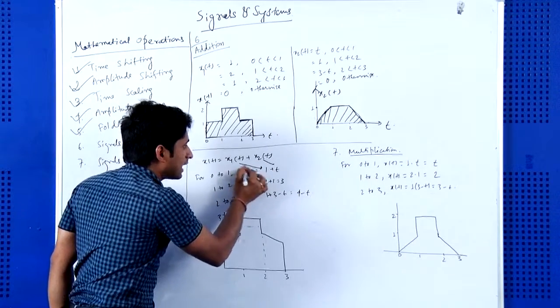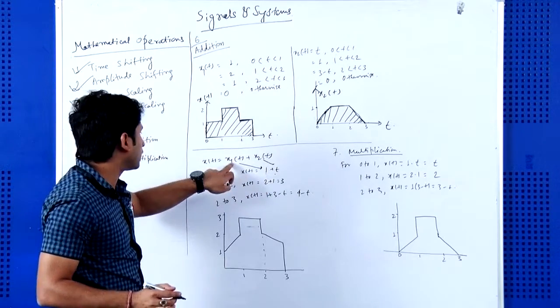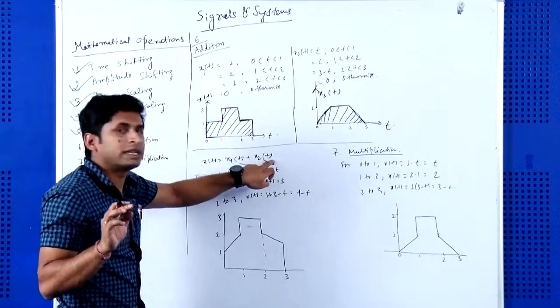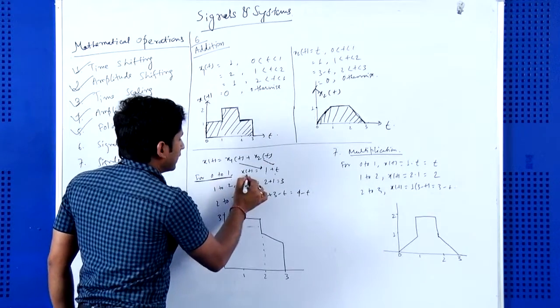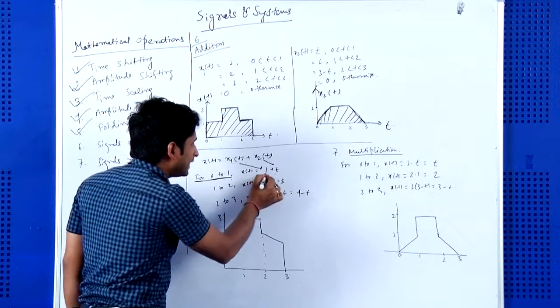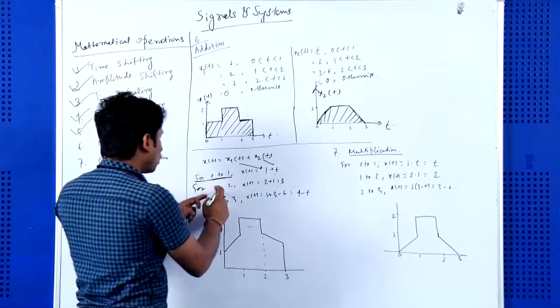So x(t) is equal to 1 plus t. 1 is the value of x1(t) in that particular limit, and t is the value of x2(t) in that limit. So for 0 to 1, the sum of the 2 signals is x(t) equal to 1 plus t. Now next one, for 1 to 2.